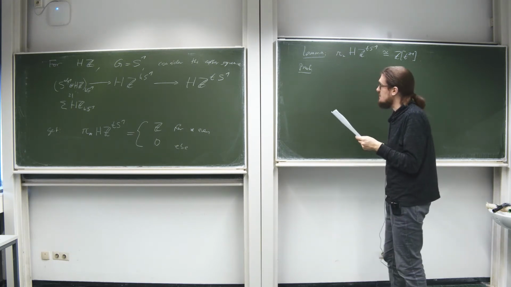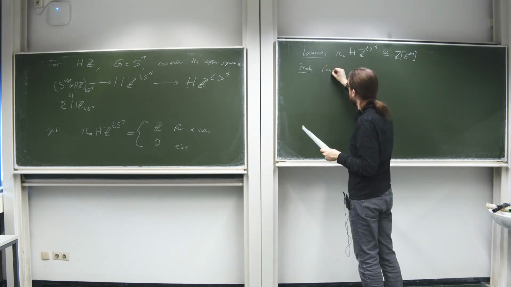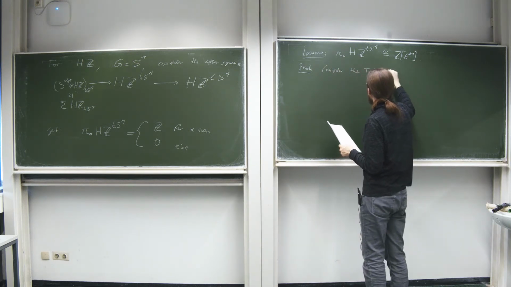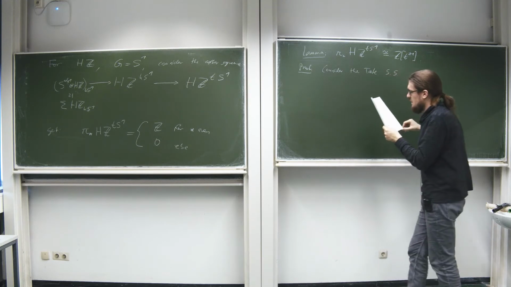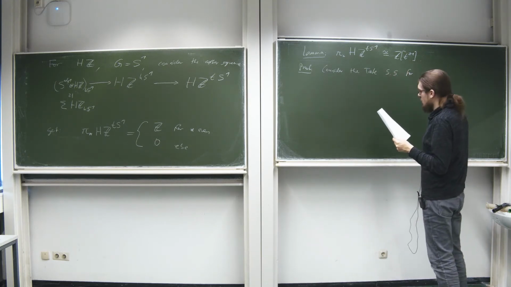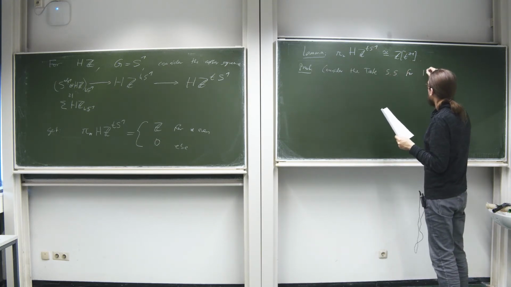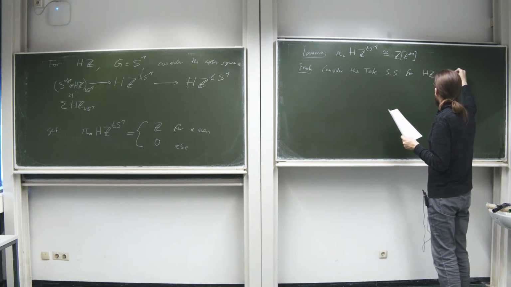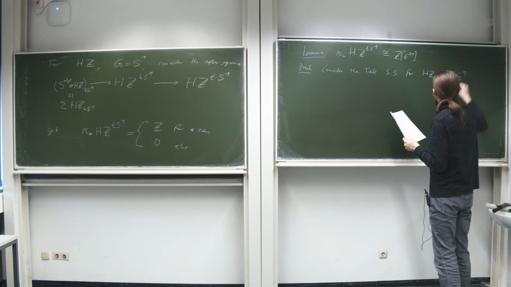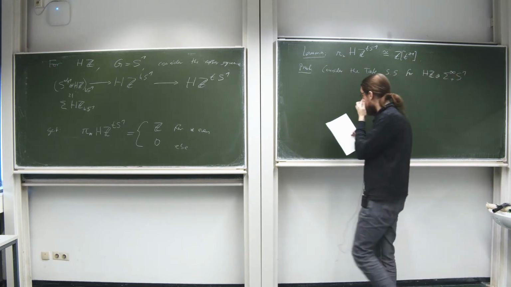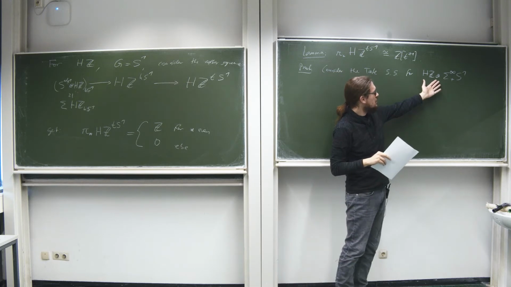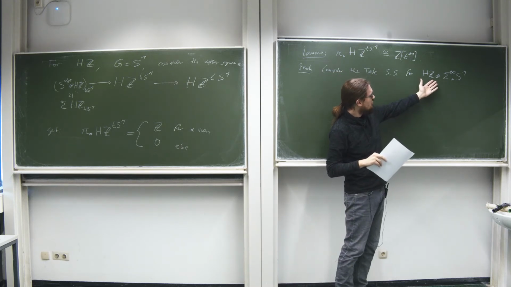So in this case, we consider the Tate spectral sequence for the S1 spectrum with S1 action, HZ tensor sigma infinity S1. So this is induced in the sense that I was just referring to, right?